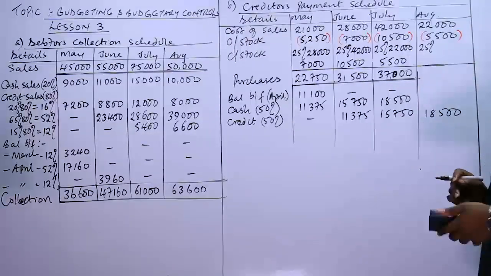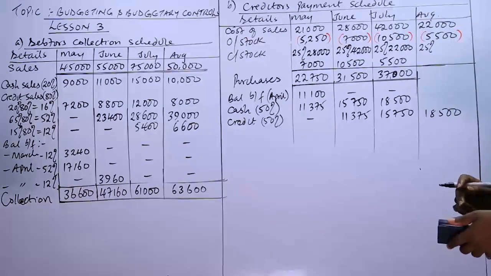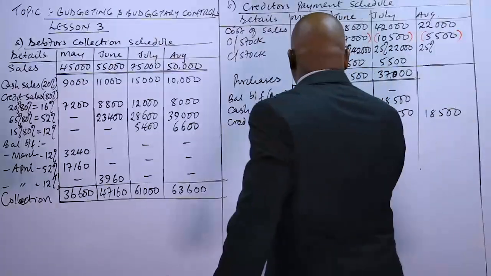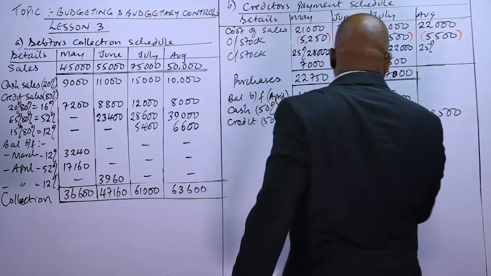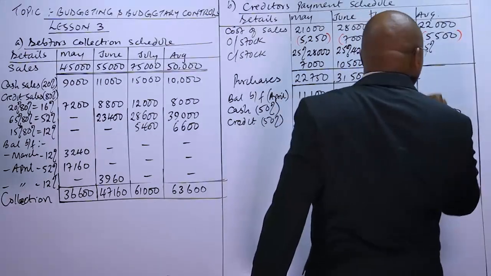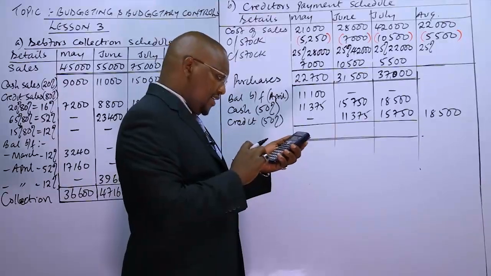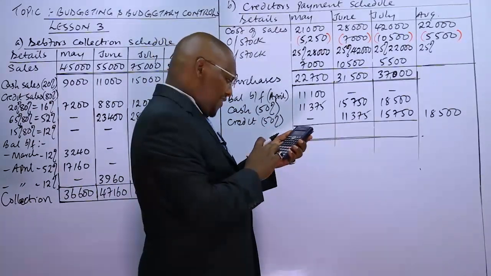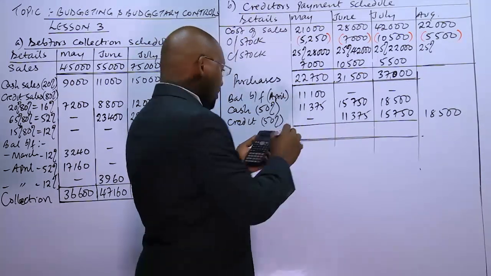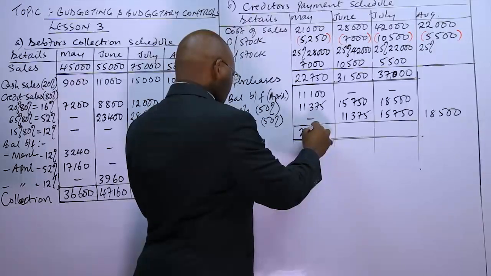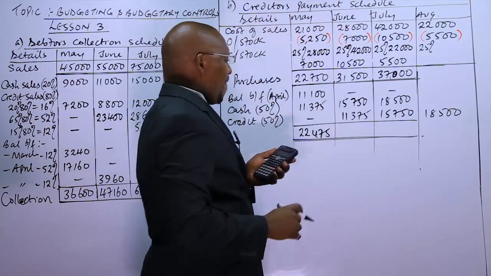But remember, we're only interested in the months of May, June, and July. So therefore, I require these 3 months. I need to have that payment. So here, I'll have 11,100 plus 11,375. This is 22,475.